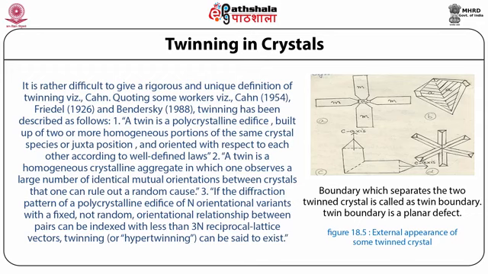Number 3. If the diffraction pattern of a polycrystalline edifice of an orientational variance with a fixed, not random, orientational relationship between pairs can be indexed with less than 3n reciprocal lattice vectors, twinning or hypertwinning can be said to exist.